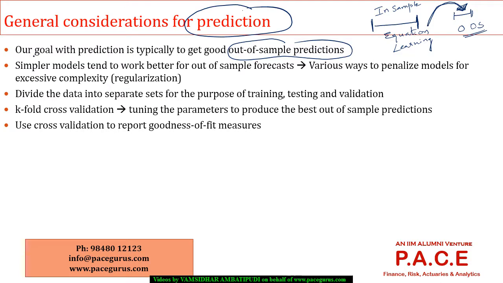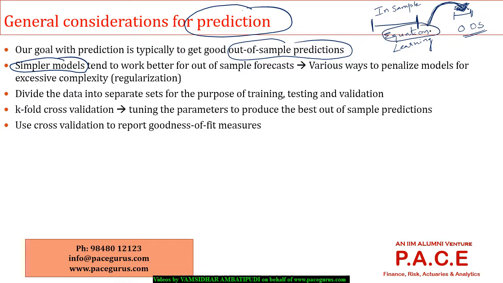In many cases, for many kinds of relationships, simple models will still do the job. If I go with various complex, non-linear, non-parametric kinds of models, there will be a lot of complexity introduced into this model.